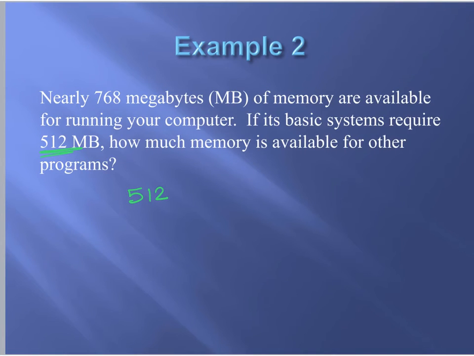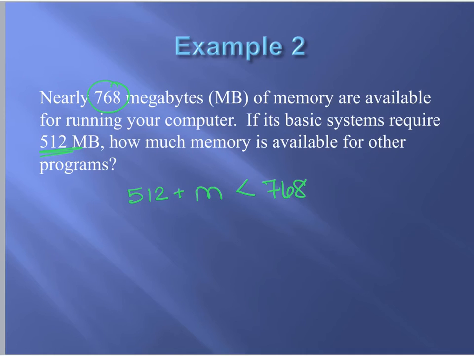So I have 512 megabytes plus the rest of the megabytes that we're using. And I know that the maximum amount I can have is 768. So that means the 512 plus m has to be less than 768. So now you can see I have my inequality.